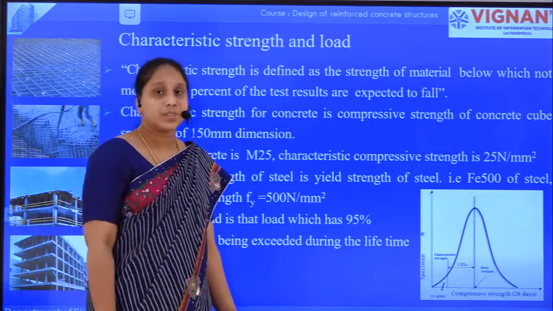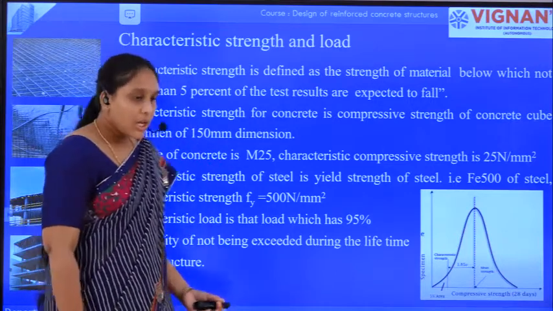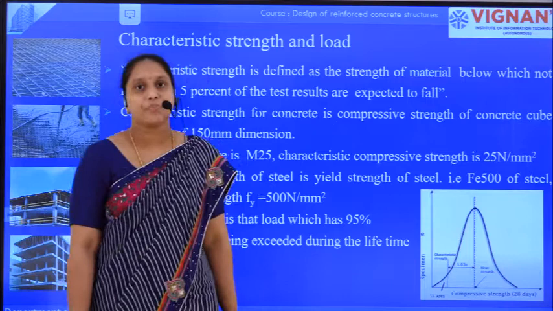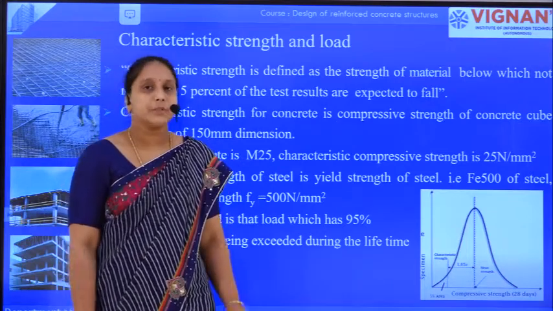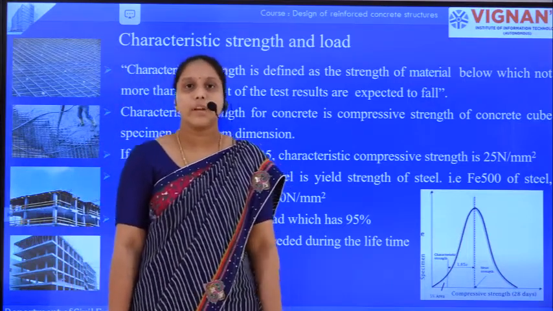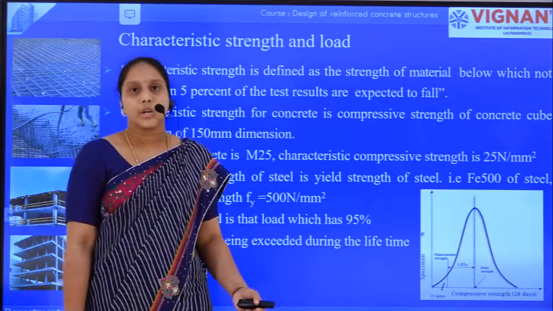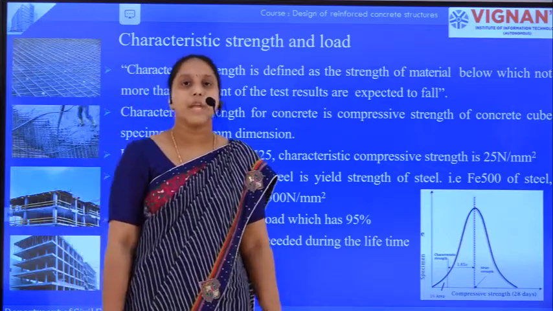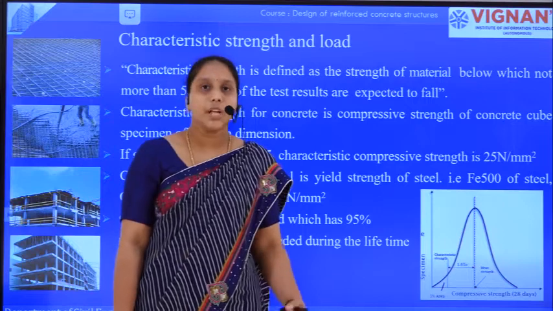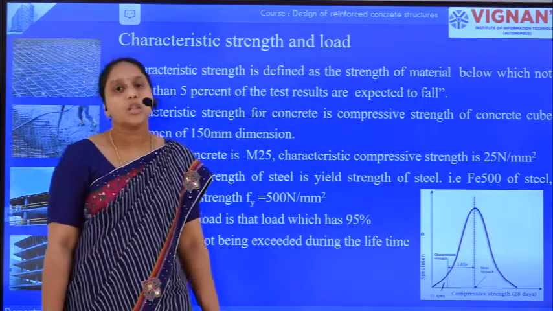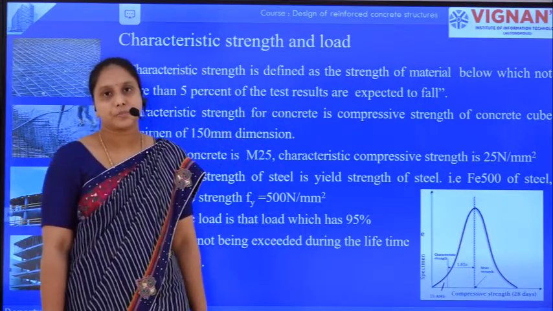The characteristic strength, in the sense, if I take a concrete mix. A concrete mix is prepared and that particular concrete mix is poured in cubes. The size of the cubes being 150 by 150 by 150 mm, and I have cured all the cubes for 28 days.